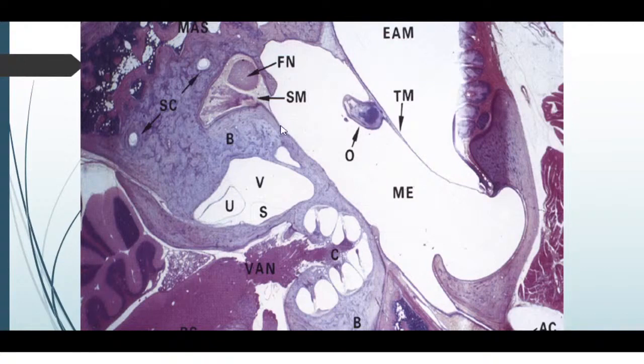We also have seen the utriculus and sacculus, the spaces of the vestibule. Also we have seen here the cochlea, with the modiolus inside, and the auditory nerve in a special spiral ganglion.